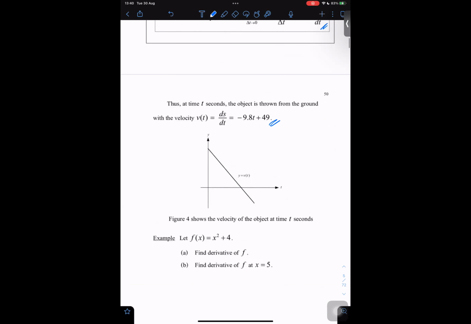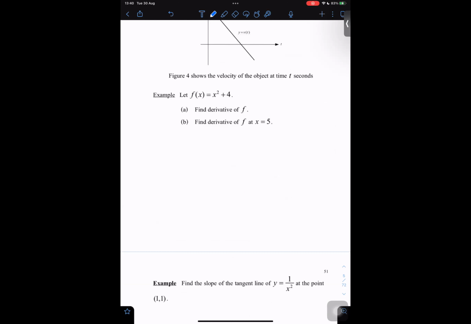Now we are going to see the example. In A, they ask you to find the derivative. So f prime of x will equal the limit of delta x approaching 0 of f of x plus delta x minus f of x over delta x. This is your definition. What does it mean?